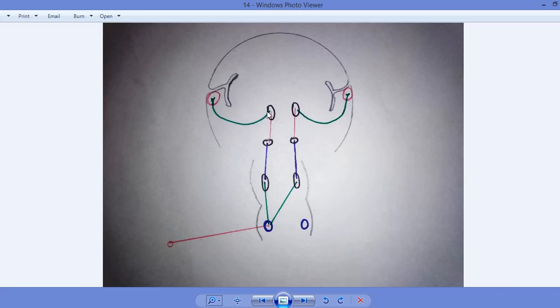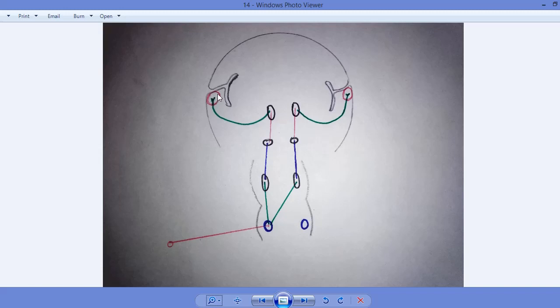From the medial geniculate nucleus, the auditory radiation starts. These are called auditory radiation. The auditory radiation will move towards the primary auditory cortex. The primary auditory cortex is present in the cerebrum, in the cerebral cortex. In which part of the cerebral cortex? In the temporal area of the cerebral cortex. In which part of the temporal area?